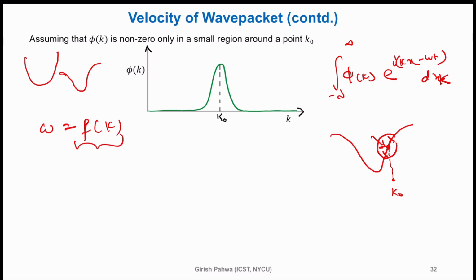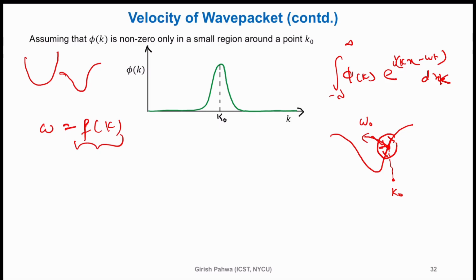How do I linearize? This is basically a straight line. How do you find the equation of a straight line? You need to know the slope, and you need to know at least one point on the straight line. What is that point? Corresponding to this k naught, I have some omega naught. Okay, so I have one point.